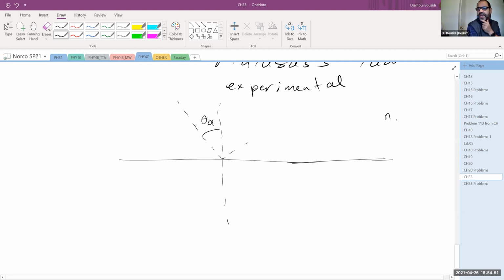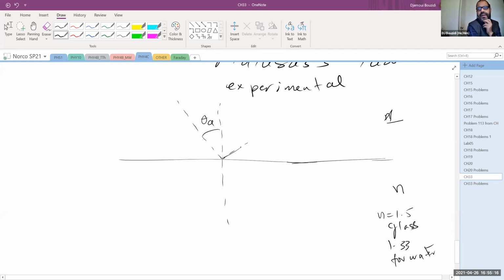There is an index of, I'm going to take air in this case, so 1, which is a typical problem. And this one is a medium n, which you can think of as glass, where n is equal to 1.5, or 1.33 for water. Okay, so those are our typical examples.